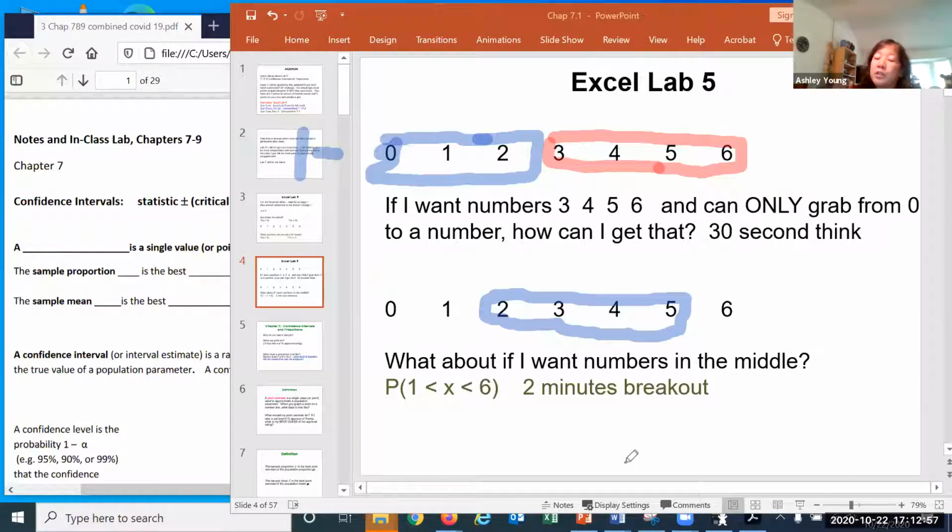Everyone take like 30 seconds each. And then take a couple minutes and think about how can I use the binom dist function, which gives you a probability from 0 up to that number, to try to find this probability in blue. So that is your job. Try to figure that out. 4 minutes.